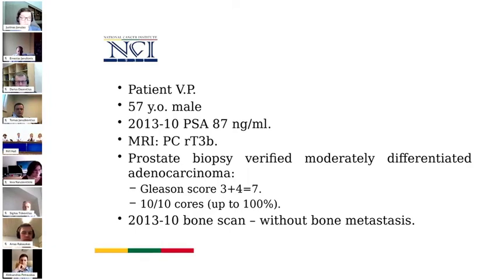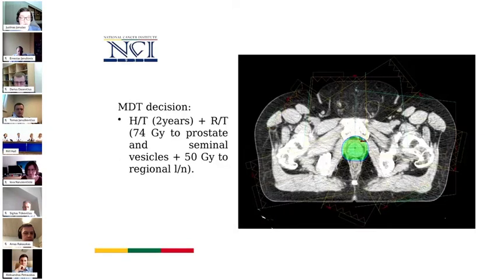All 10 cores were affected, with 100% involvement in some of the cores. Additionally, a bone scan showed no bone metastasis at the time. It was decided to give hormone therapy and radiation therapy to the prostate, seminal vesicles, and regional lymph nodes.